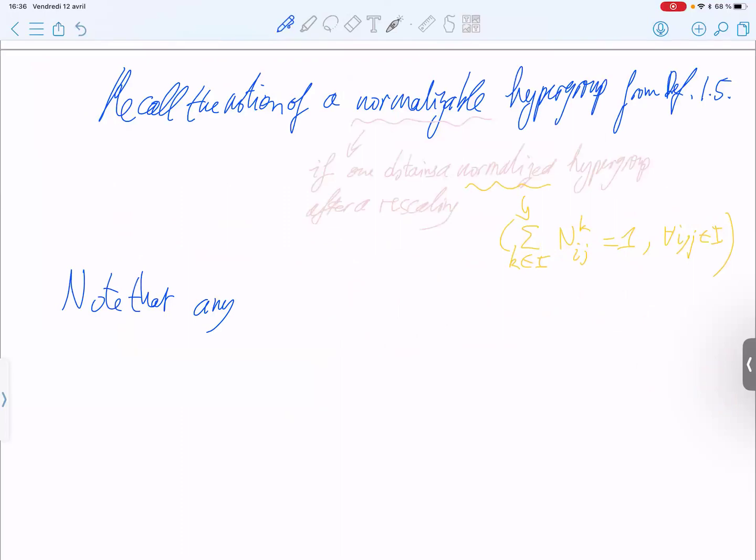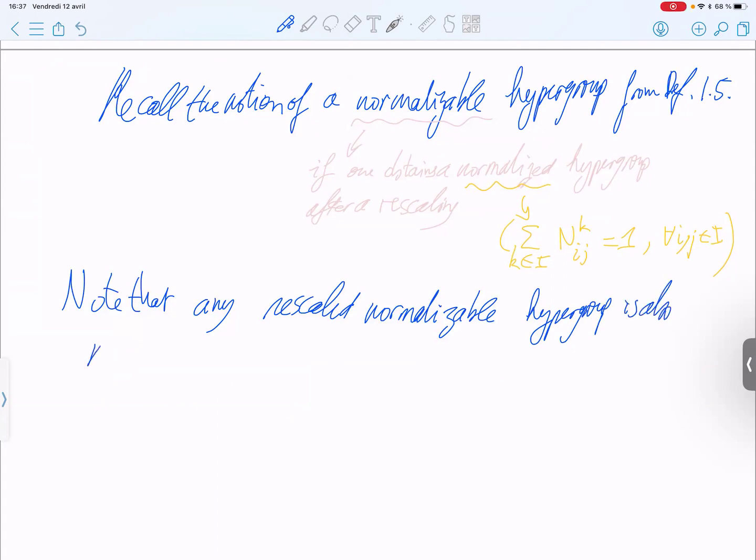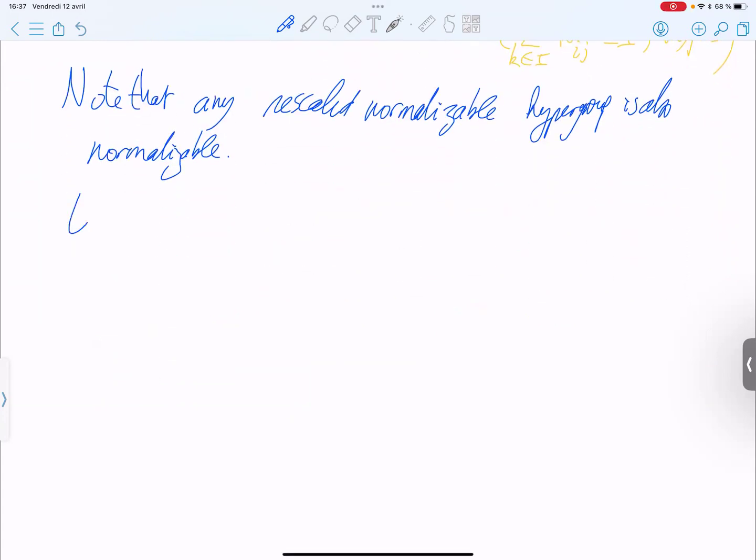So that any rescaled normalizable hypergroup is also normalizable.